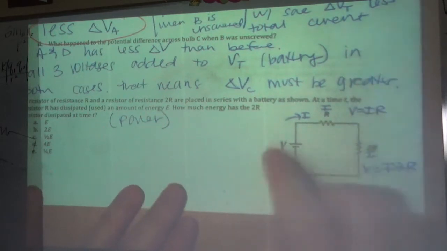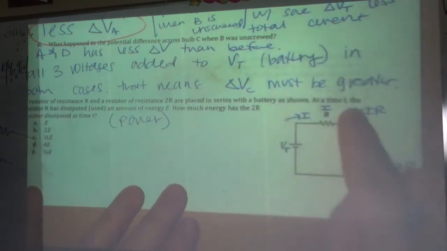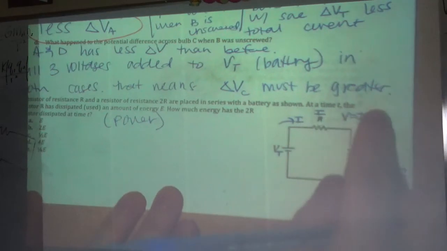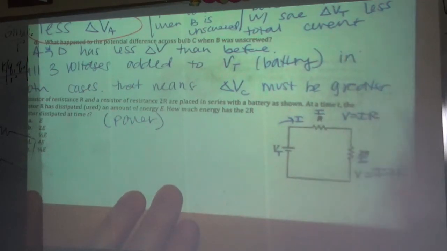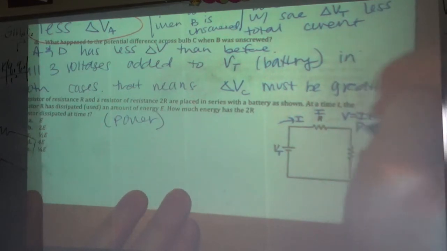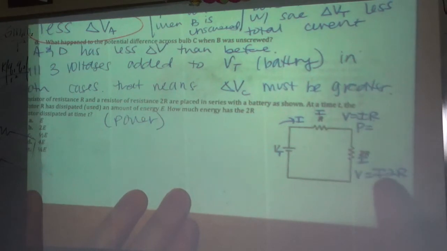And let's call this V total so that you're not confused, because it's not the same. So this one has V equals IR, and V equals I2R. Now your power is just current times voltage. So they have the same current, and this one has twice the voltage.